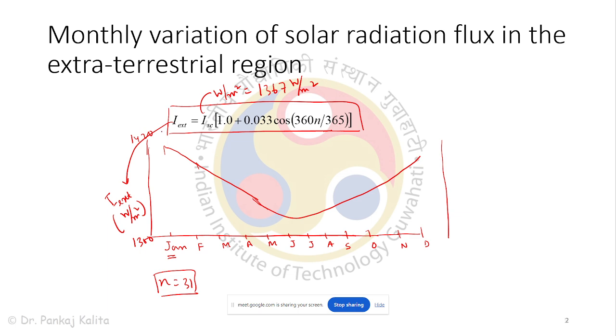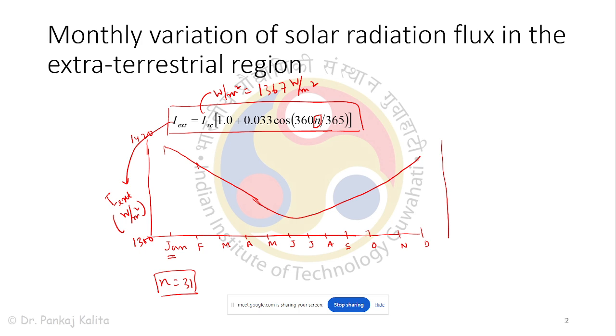As we were saying, this solar radiation flux varies throughout the year. It depends on which day of the year we are talking about, which is given by the parameter n. n is the nth day of the year, starting from Jan 1. If you are calculating on Jan 1, then n will be 1.